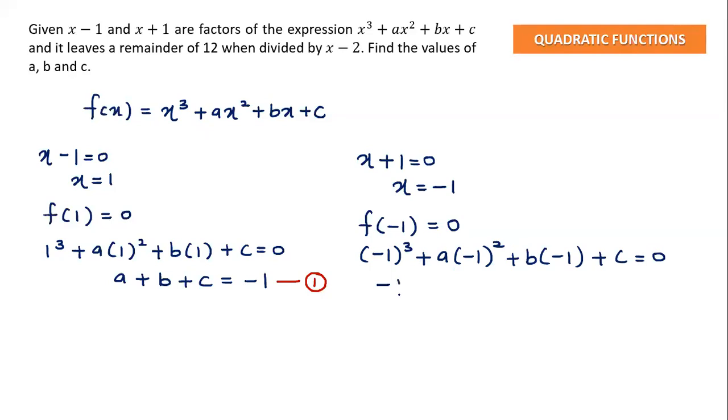So this is going to be negative 1 plus a, because negative 1 when you square becomes positive, then negative b plus c equals 0. So you'll get a minus b plus c. This negative 1, you bring over to that side, and it becomes positive 1. So you already managed to get the second equation.